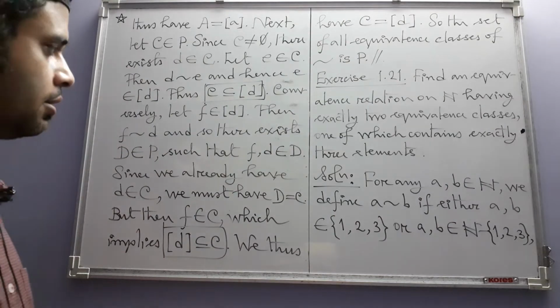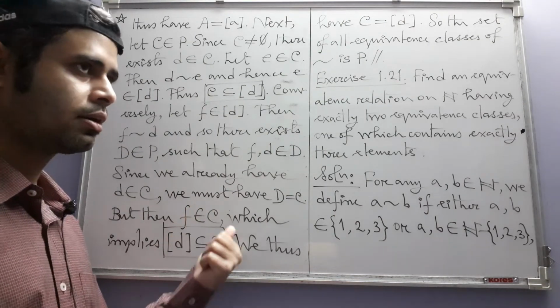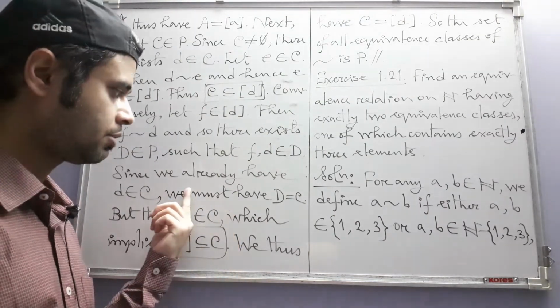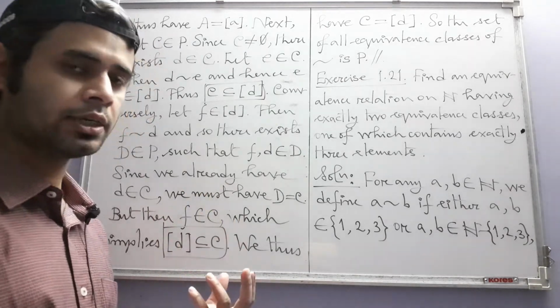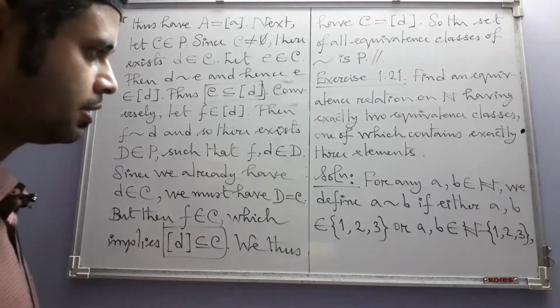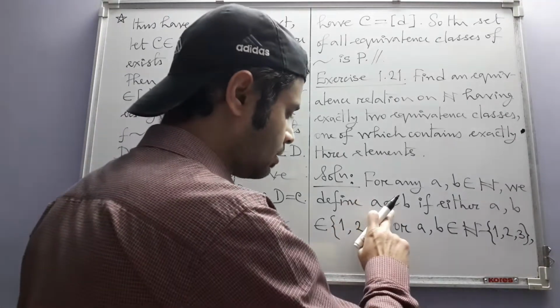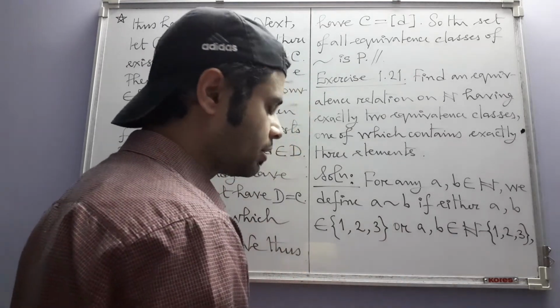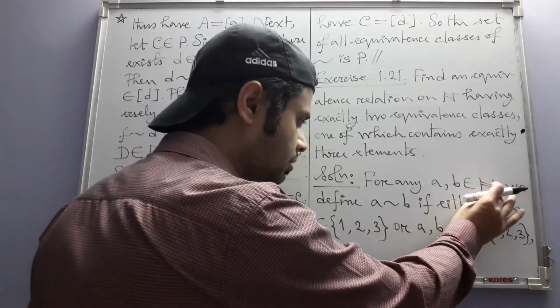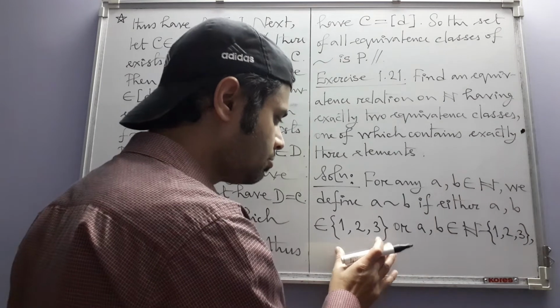So you can see that the general equivalence relation we defined here in this solution, which corresponded to a given partition of the set S, now reduces to this particular partition of the set N, where we have only 2 sets.